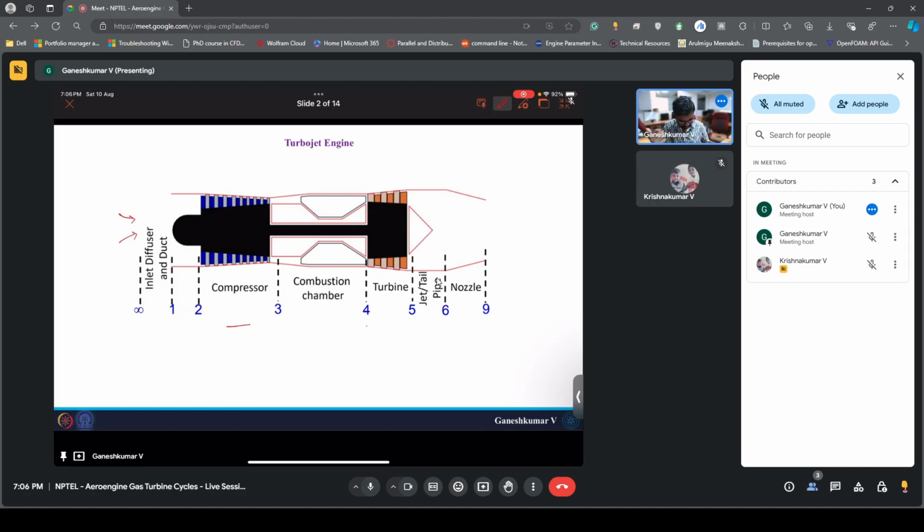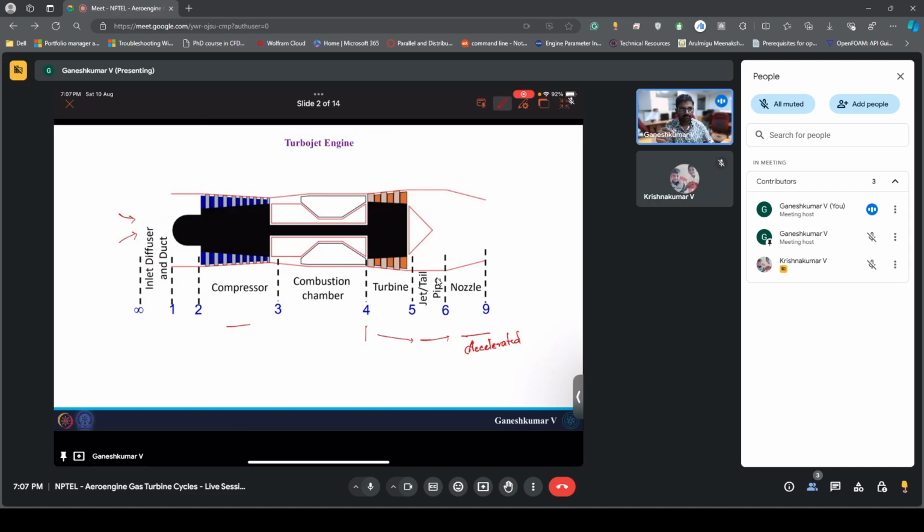The hot gases with high pressure, since it got compressed, get expanded in the turbine, and then after that it goes through a jet pipe. It's just a simple pipe, and then it goes through the nozzle where it gets accelerated to high velocities. So the nozzle is for acceleration of the gases. That is the main reason for this nozzle, and basically because of the expansion of gases. Okay, so this is a typical turbojet engine.